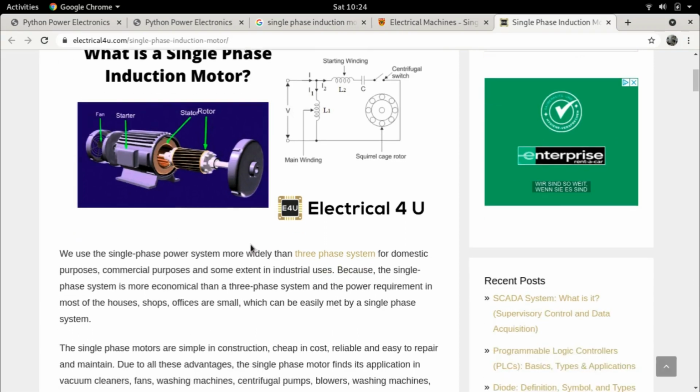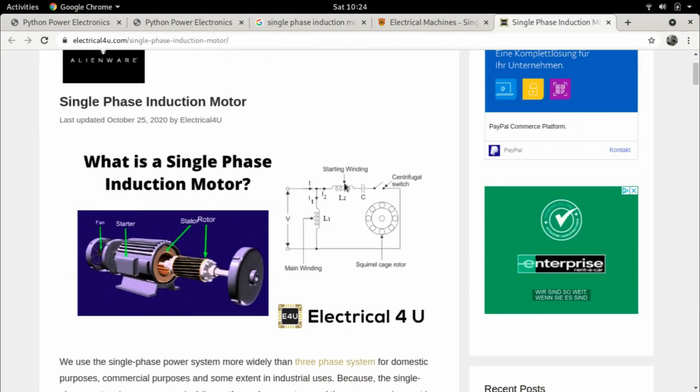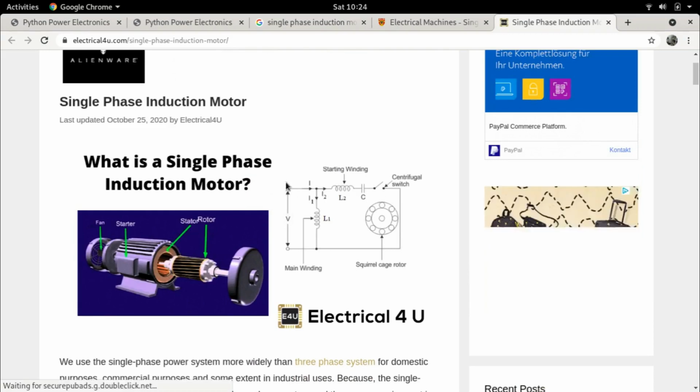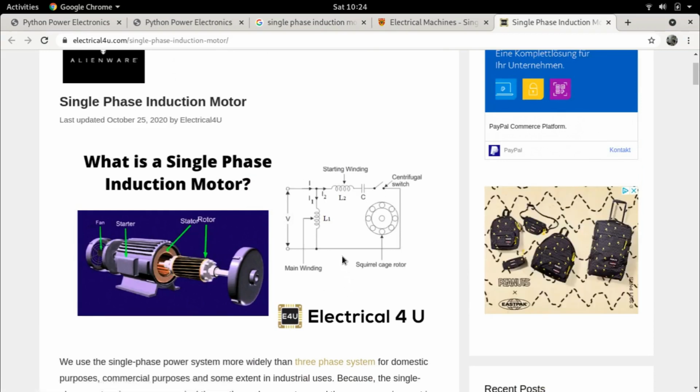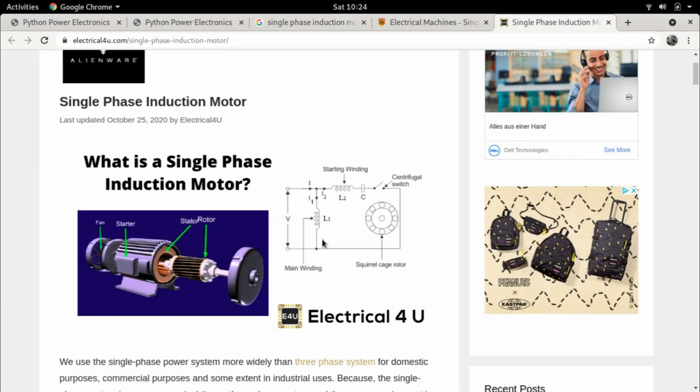Now, to talk about what this other winding is. If you have a single phase induction motor, what that means is you're applying a single phase voltage. Typically you're talking about either a 50 Hz current or a 60 Hz current, depending on where you live.